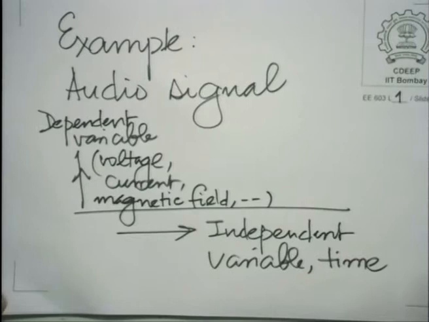Now, most of the signals, in fact, that we deal with in real life have a continuous independent variable and a continuous dependent variable. By continuous, I mean, if you take any two values of the independent variable, you can always find a possible value in between them, no matter how close.